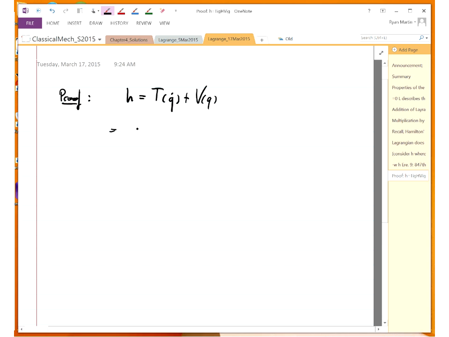So in principle, you can invert this. So you can invert to get q dot as some function of h and v. Right, I just bring the v to the other side and then divide by 1/2 m, for example.